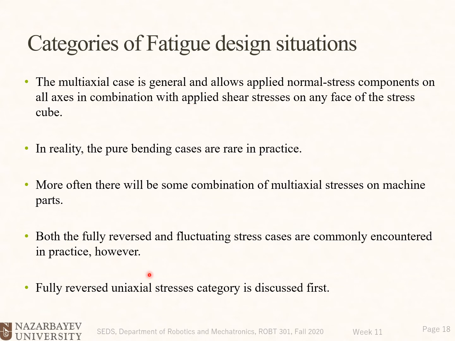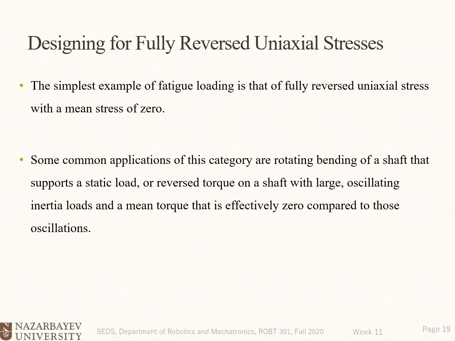So we'll start with the first one, the uniaxial stress category. Designing for fully reversed uniaxial stress. We're going to start with category 1, the simplest one. The simplest example of fatigue loading is that of fully reversed uniaxial stress with mean stress of 0.